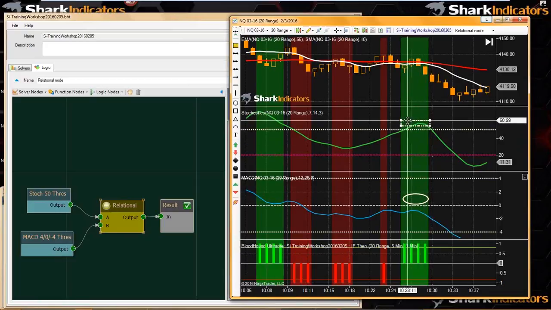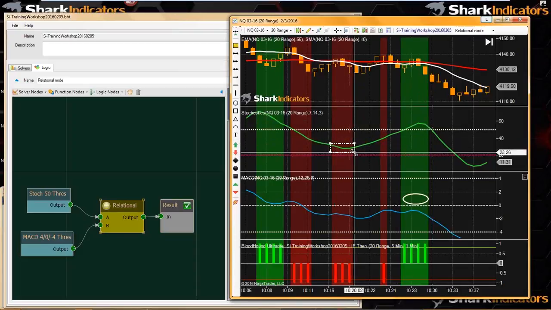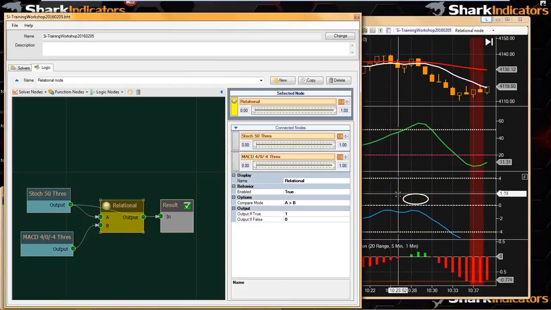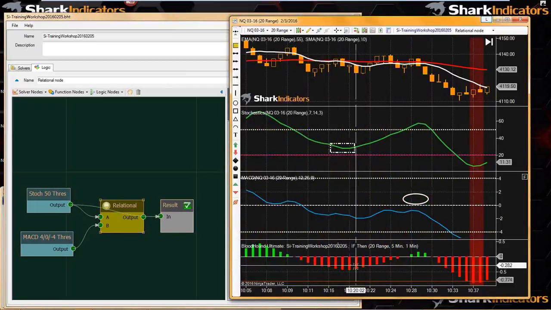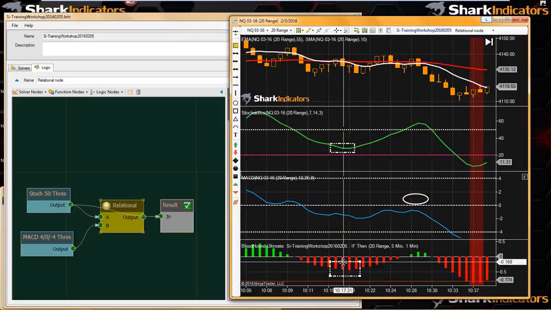Okay, so now if we go over here, the stochastic is below 50, so it is negative. Here's the output for the stochastic, and it's at approximately 0.42.